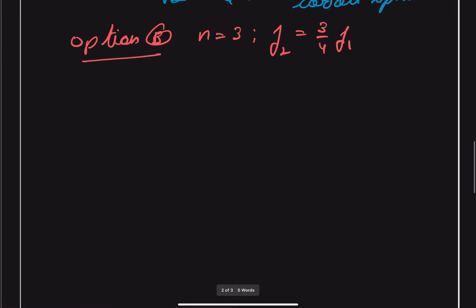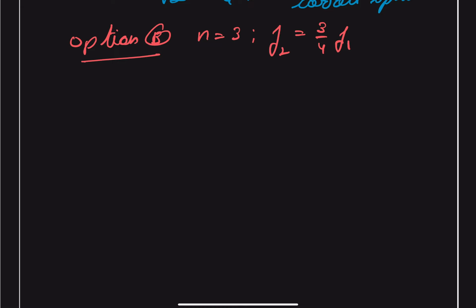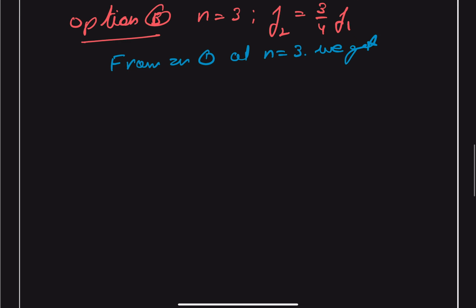We substitute n equal to 3 in equation 1, and we get f2 equal to 3 by 4 times f1.